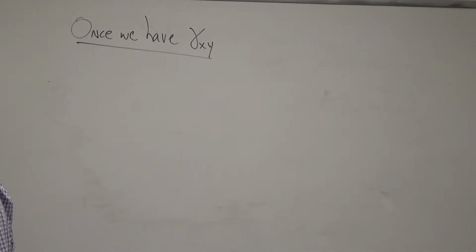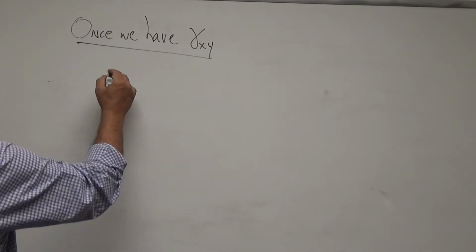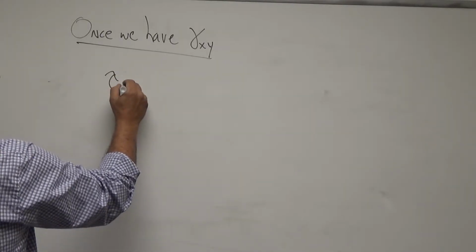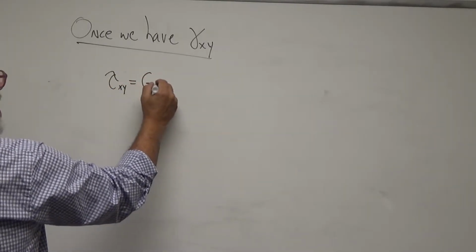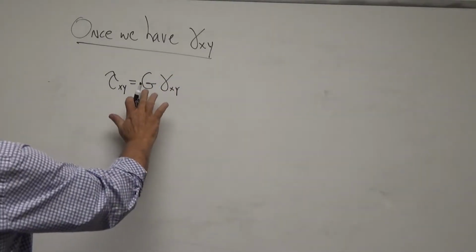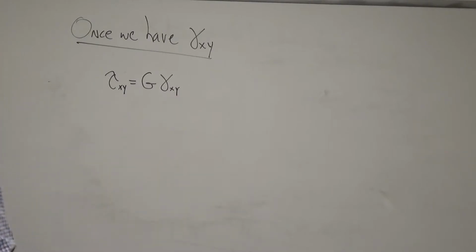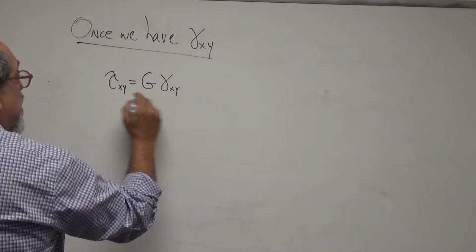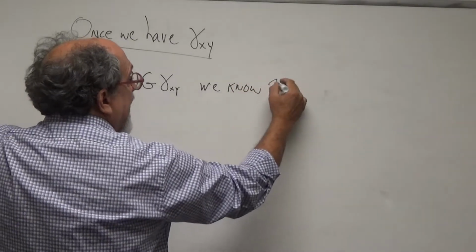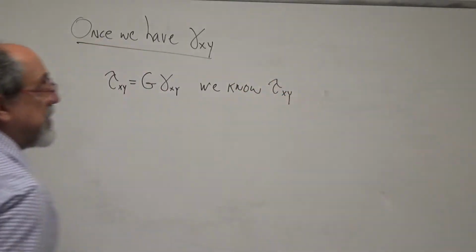If you look at the stress-strain relationships, you can see that tau xy is just G times gamma xy. We know G and we know gamma xy. Therefore, we know tau xy at that location. That is, we know the shear.